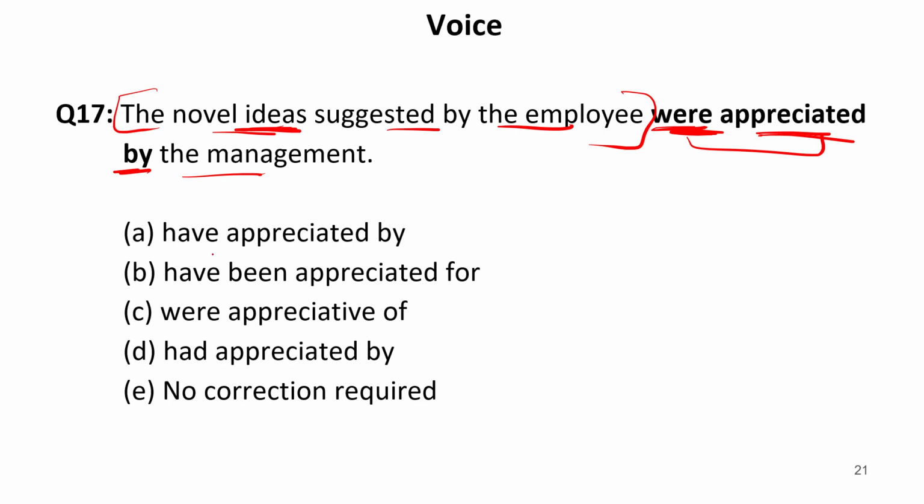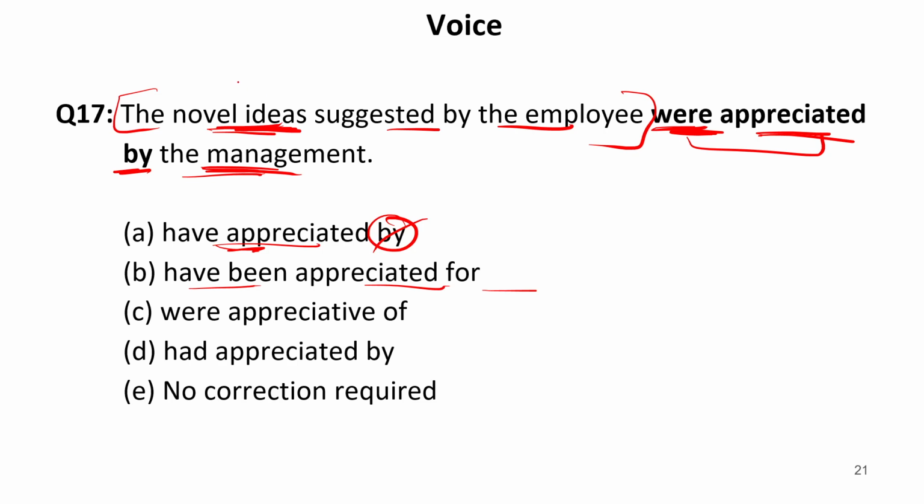Now let us see the options. Have appreciated by. Now if it is written have appreciated, we cannot have by. Have been appreciated for. Now who is the one who is appreciating? Obviously the management. And management is appreciating what?